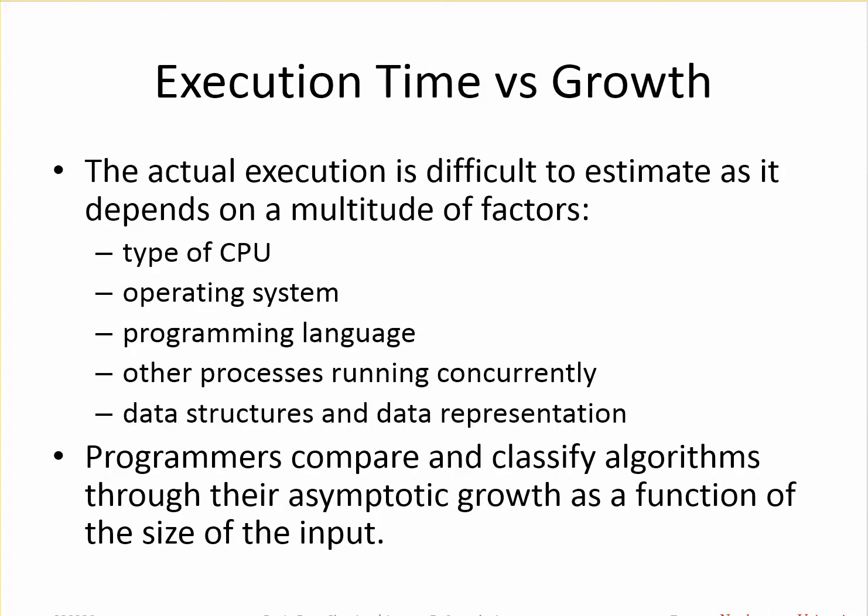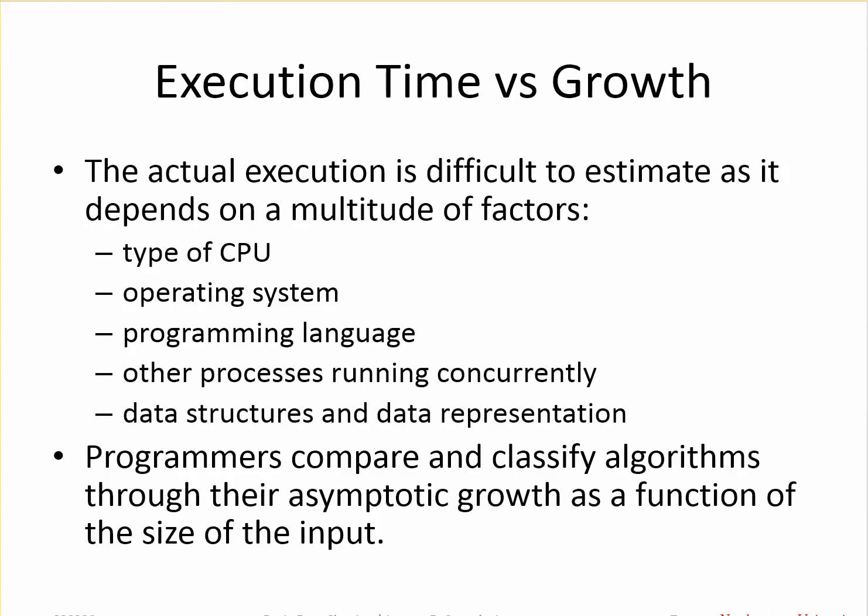Now, of course, the actual execution time is very difficult to estimate because it depends on a lot of different factors. For example, an Intel i7 versus an i5, a different processor speed, a different operating system, Linux versus Mac OS versus Windows, or programming language. Maybe C code runs faster than Java code, which runs faster than R code, which runs differently from JavaScript or Python.